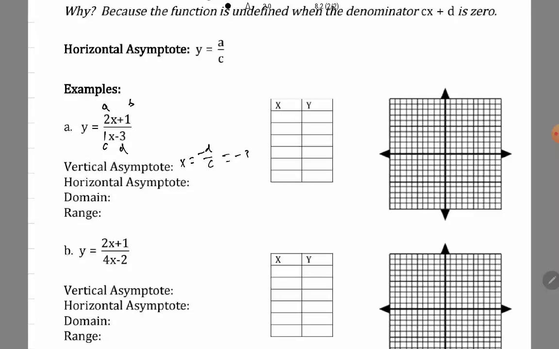So that's just negative 3. Horizontal asymptote is y equals a over c, which is 2 over 1, which is 2. Our domain will be everything but our asymptote, which is negative 3. Range, everything but 2.